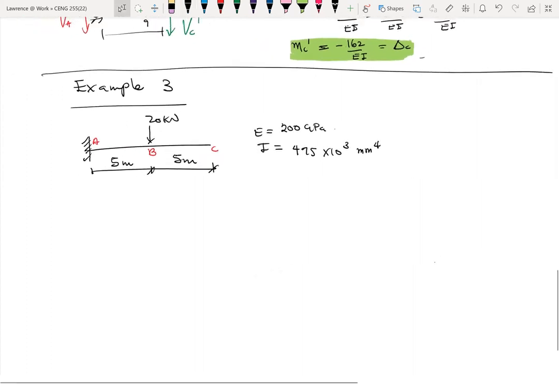And then we have to determine the deflection. So we should determine the slope at C and then deflection at C.